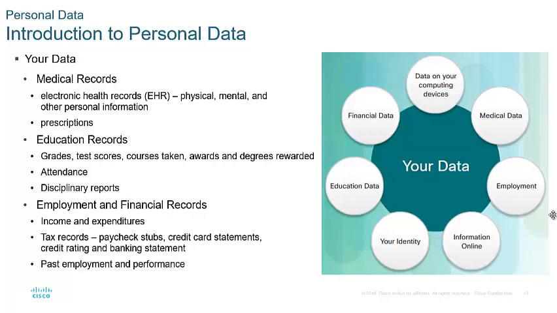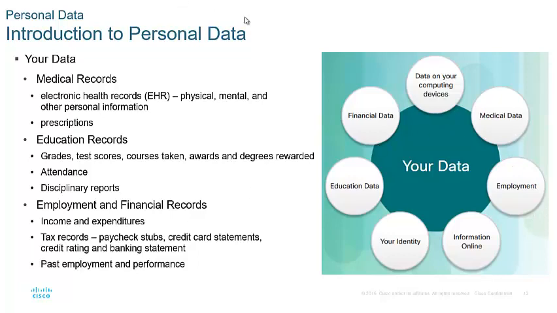And then we look at your financial and employment records, which have income and expenditures, your tax records, which are your paycheck stubs, your credit card statements, your credit rating, and banking statements. You also have your past employment and performance.